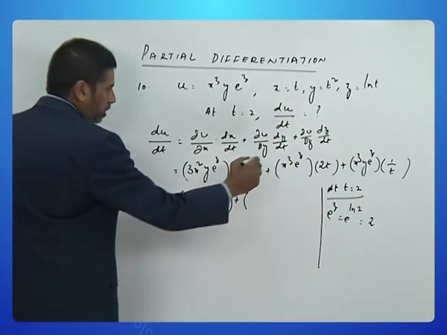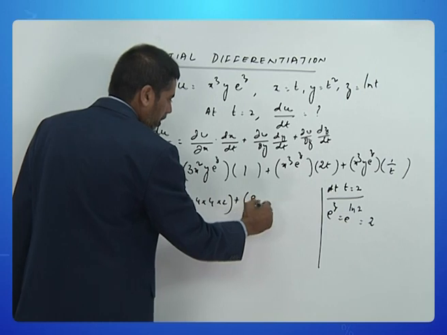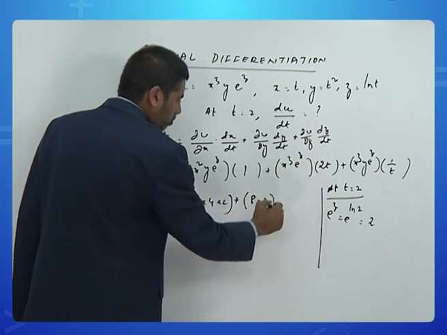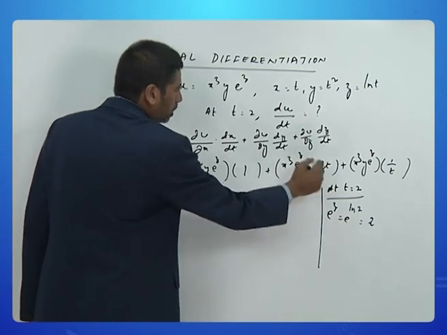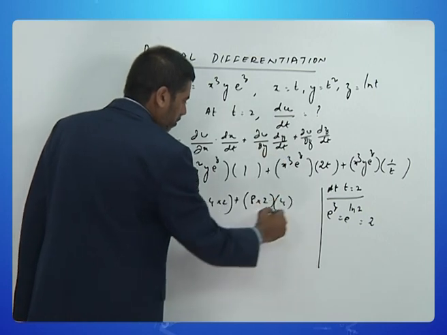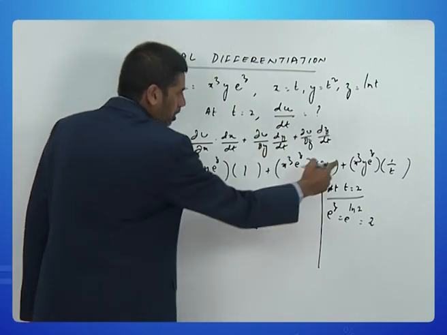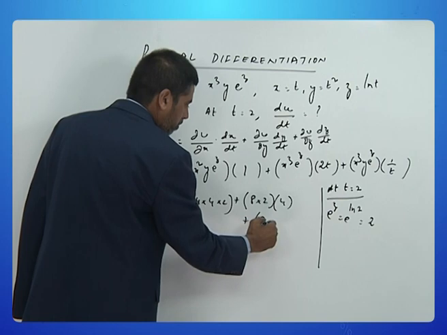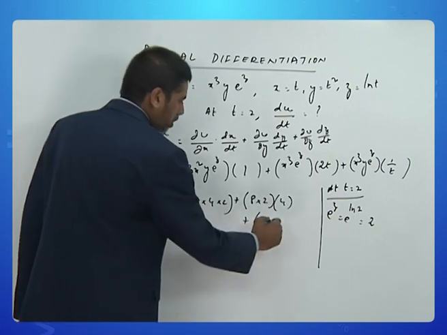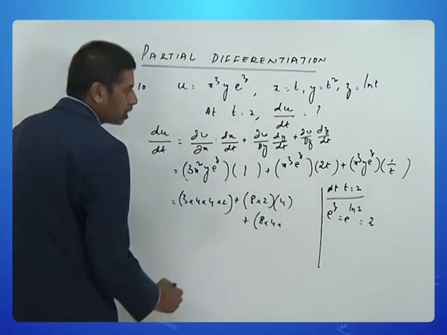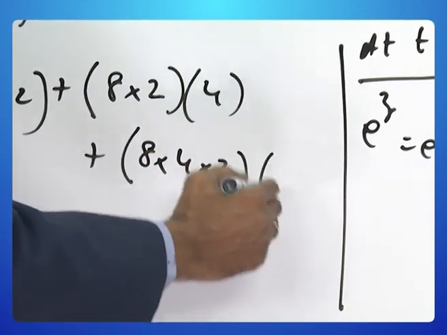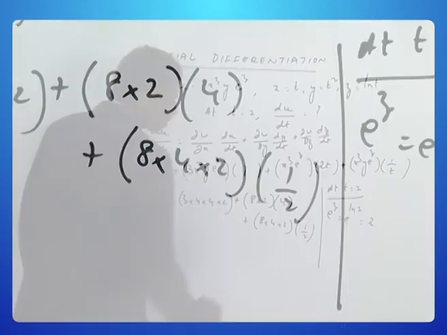plus x cube is 8, e power z is 2, 2 into t, 2 into 2 is 4, plus x cube is 8, y is t square, that is 4, into 2 into 1 by 2.